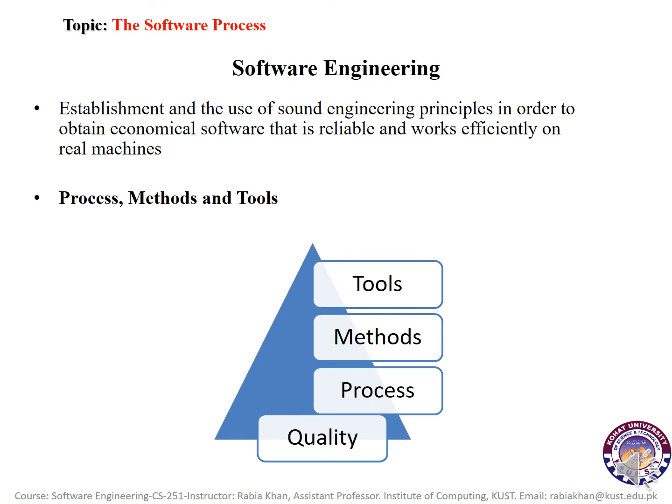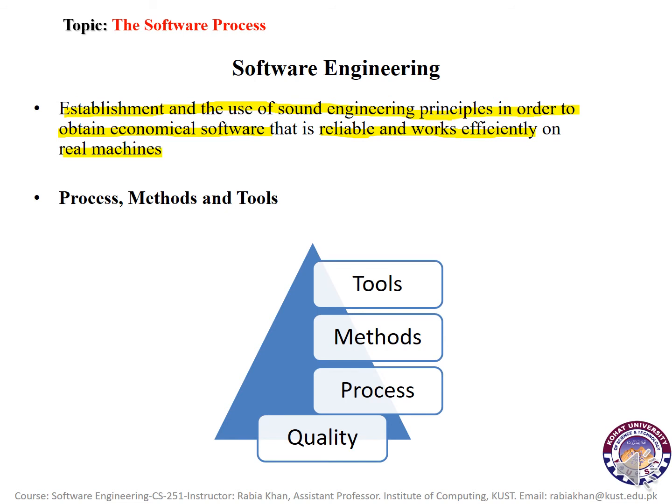How can we define software engineering? The establishment and the use of sound engineering principles in order to obtain economical software that is reliable and that can work efficiently on real machines.